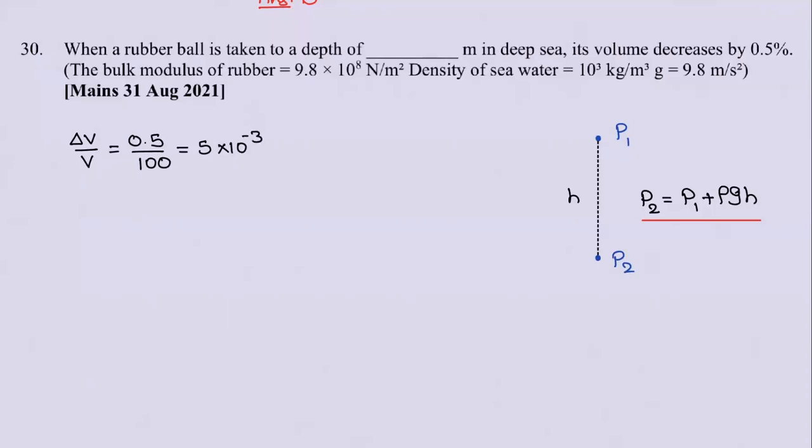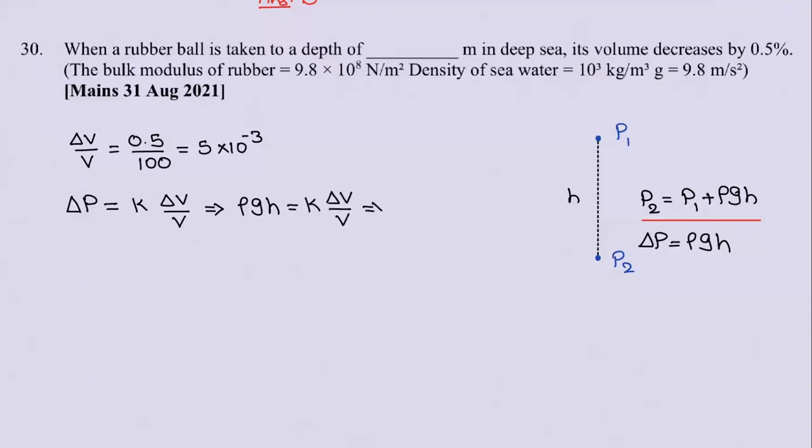Observe, pressure is equal to bulk modulus K into change in volume by original volume. Sometimes we take delta P also, I told you. So here, P2 minus P1 is delta P. If you want, you can take a shortcut. Delta P is equal to rho GH. So this value can be directly replaced with rho GH. That implies rho GH is equal to K into delta V by V.